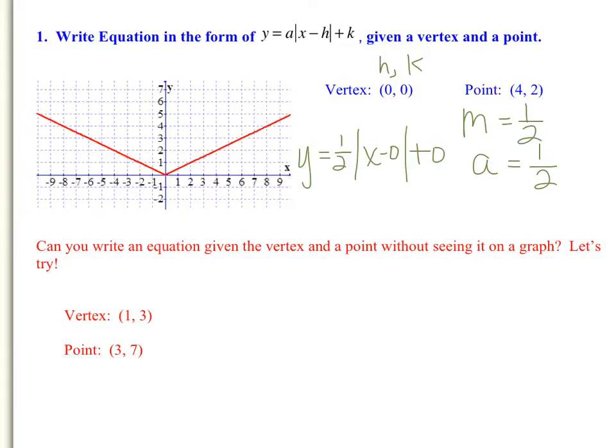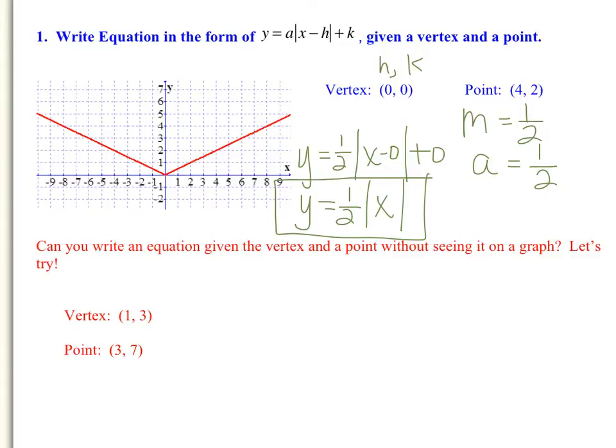And now we can simplify the equation. We have y equals 1/2 of the absolute value of x. Remember, we don't need to show the zeros. So this is the equation for our graph.